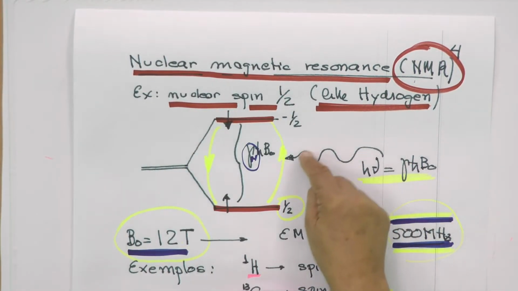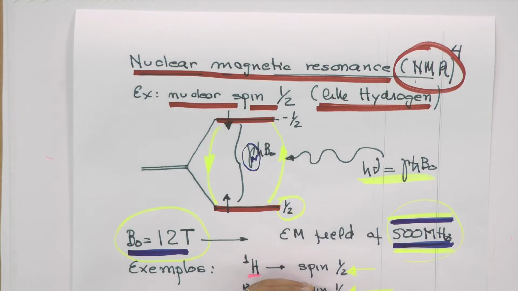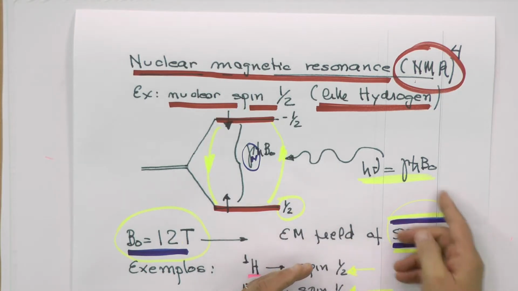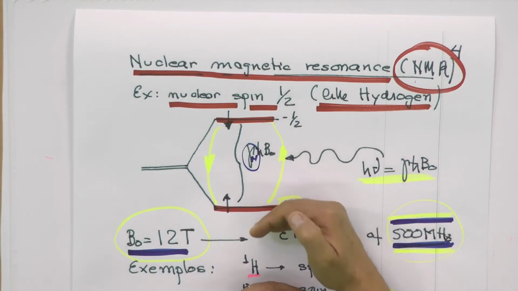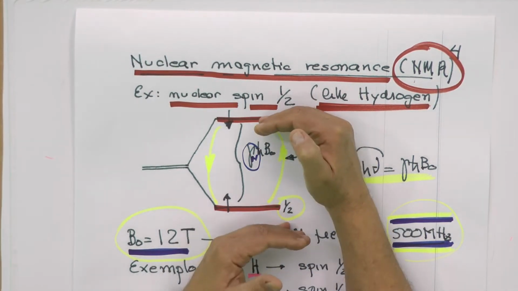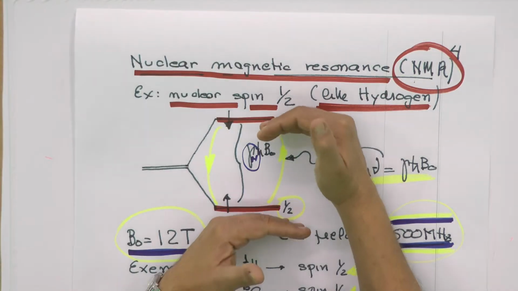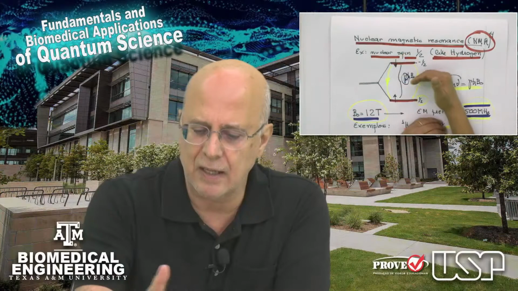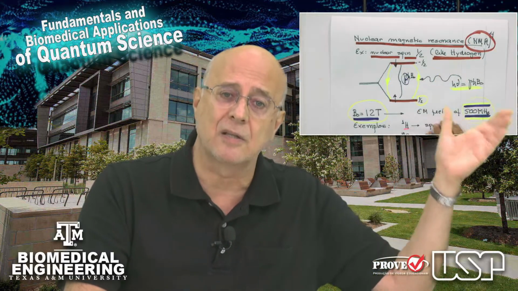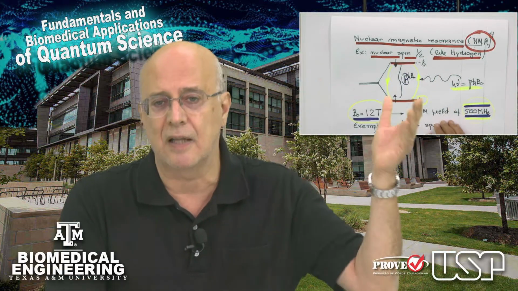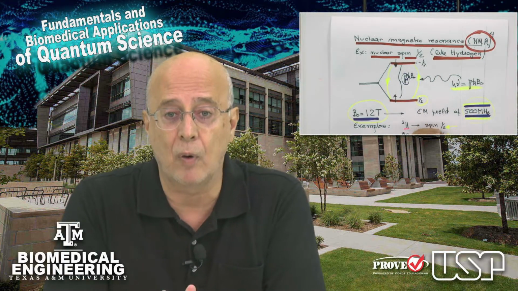We have like a two-level system. And then when we shine electromagnetic radiation in the range of radio frequency, this can interact with this two-level system, because this is a two-wave function, two-state system. What the radiation will do is mix them, as happens for the electronic states that we discussed in the two-level approximation.